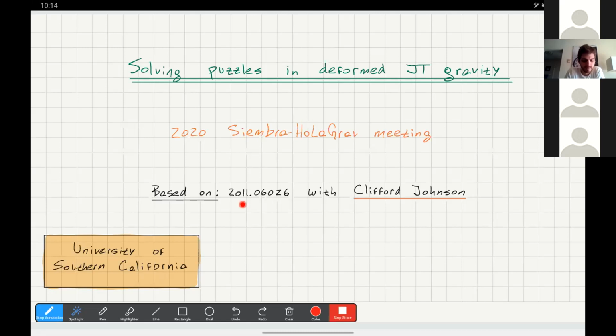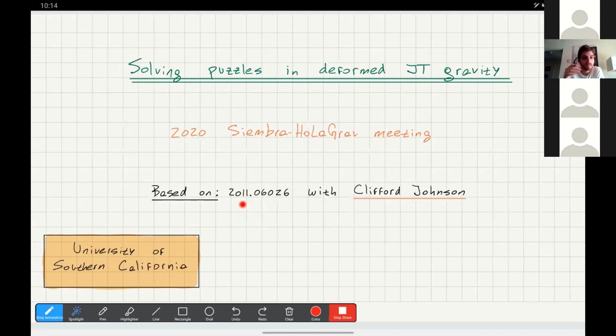There were two very interesting papers that came out this year, one by Turiaci and Maxfield, and the other by Witten. The main result of those papers was that some deformations of Jackiw gravity are described by a random matrix model. They're very nice papers, and the result is very strong.